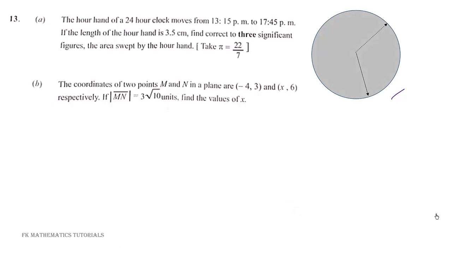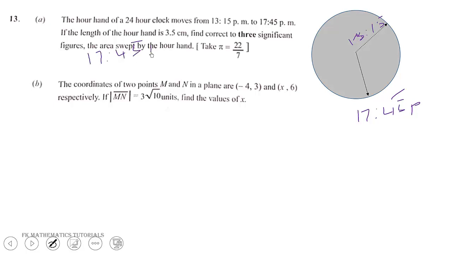So it moves from 13:15 to 17:45 p.m. So we need to find the difference in hours. The difference in hours will be 17:45 minus 13:15. So this will give us 4 hours 30 minutes.